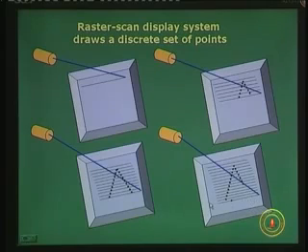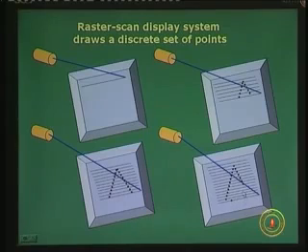Probably I am trying to draw, in this case, let us say the effect of a triangle. That means I will probably draw one more line, and these two lines will converge at some other point at the bottom of the screen. So whenever you want the beam to switch on, to make a pixel glow or draw a point, in the case of a raster scan, the beam is switched on.